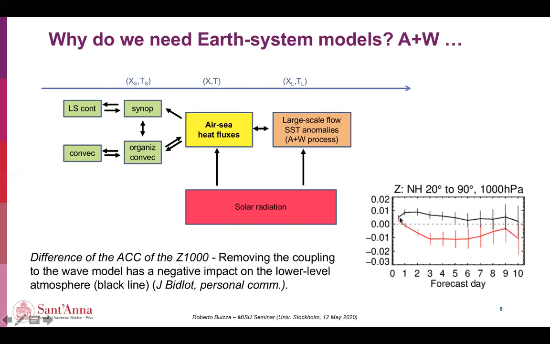If you remove a wave model, you have larger errors, so you are above zero, which means that your forecast of the atmospheric flow close to the surface gets worse.